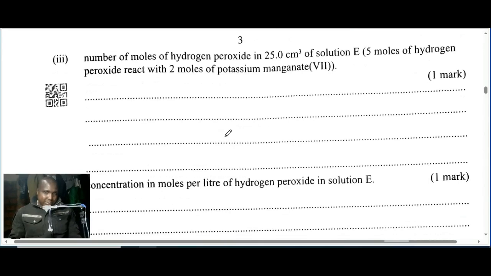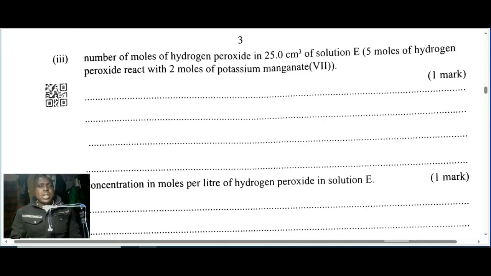So remember, E reacted with D. So the reaction that took place is D reacting with E, and it gave us whatever it gave us. We are not interested in the equation, but you need to know that it is D, potassium permanganate, that reacted with E. And the E was diluted from C.